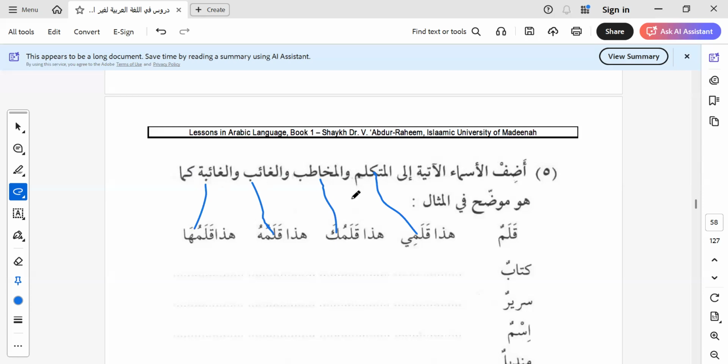So if you said ضمير المتكلم, it's for both male and female.